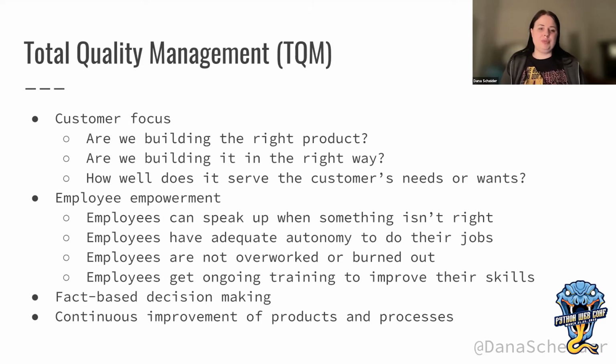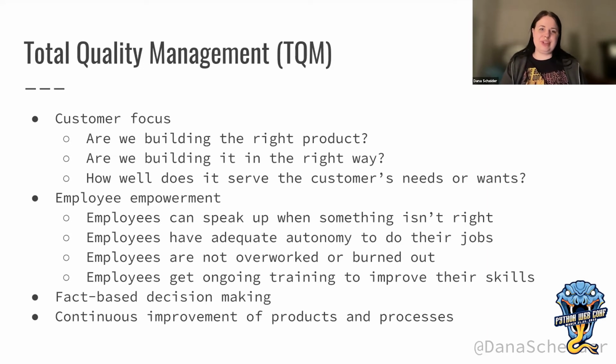So employees, and it can be anyone, from the CEO down to the janitor sweeping the shop floor, can speak up when something isn't right. They have adequate autonomy. They're not overworked or burned out, and they get ongoing training to improve their skills.